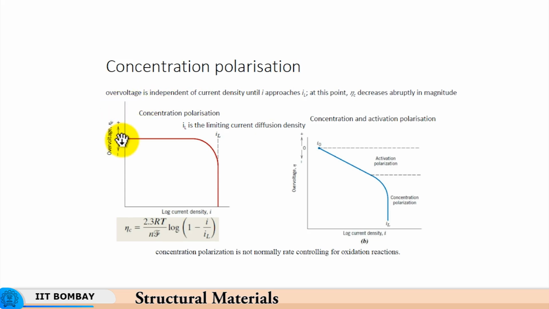For large current densities the over voltage is the same, and at this point the over voltage decreases abruptly in magnitude. This over voltage is calculated based on the formula 2.3 RT upon n Faraday's constant, log of 1 minus the current density in a given condition divided by I_L.